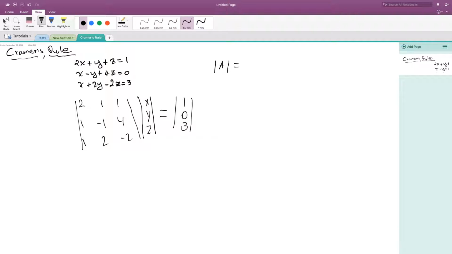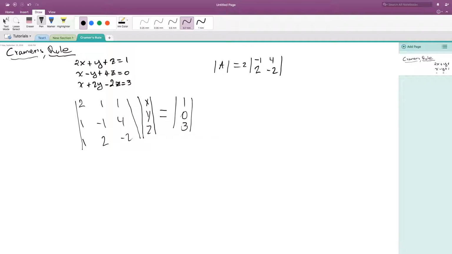Now to find the determinant, I'm going to take 2 and put this mini matrix here: -1, 2, 4, -2. Second, I'm going to move to 1.